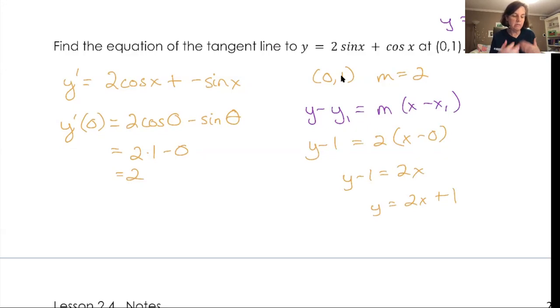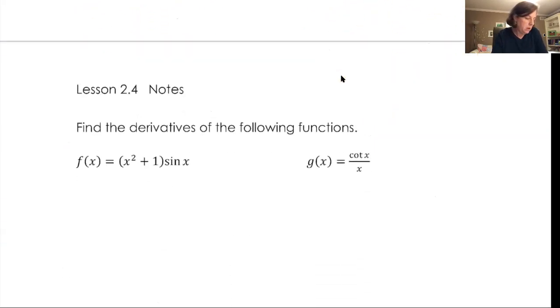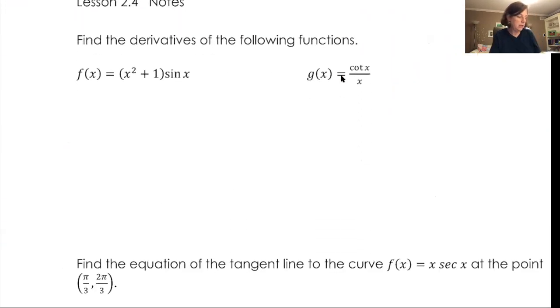And so there's really very little calculation that has to be done, whereas if I use this equation up here, there's more calculation and there's more of a chance for an error. So I strongly, strongly, strongly recommend that in writing equations of tangent lines that you use this form, point slope form for that.